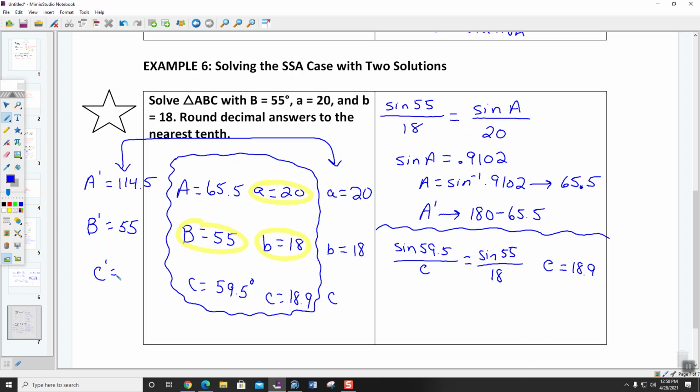10.5. Okay, so if I want to find the third side of this second triangle, here we go with it. We would go sine of how many degrees? 10.5 is to C again as, I'm going to stick with the ones I know, sine 55 is to 18.